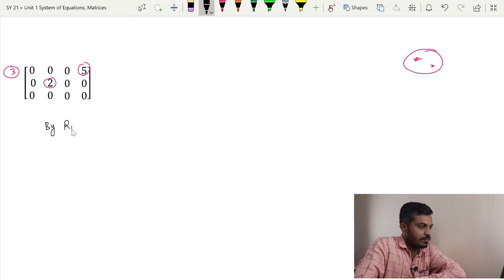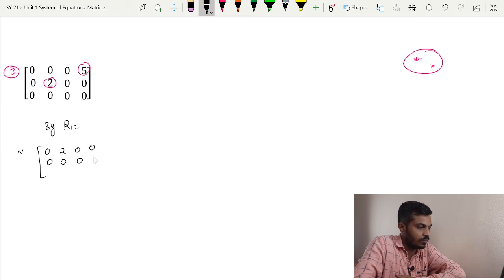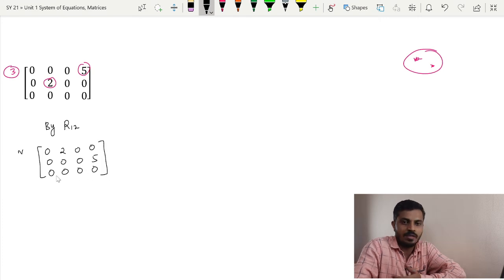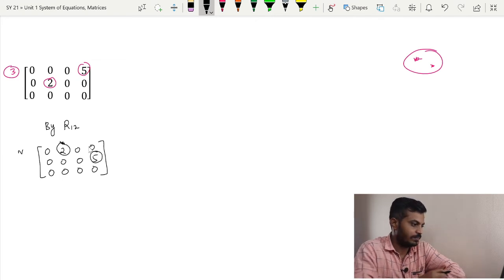I will interchange my first and second row. So this will be equivalent to 0, 2, 0, 0, 0, 0, 0, 5 and 0, 0, 0, 0. That's it. That is what we wanted. You can see here is the leading coefficient and this is the leading coefficient. If you want, you can keep it circled.